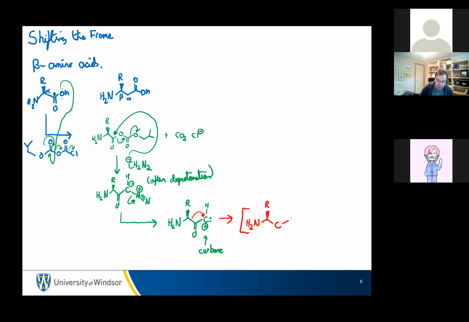The carbon is still attached to the carbon with the oxygen, but now if I follow the methods through, this is negatively charged, that is positively charged, because this carbon here lost 2 electrons that were in a bond that just migrated, and the other carbon just gained 2. So that's obviously silly.